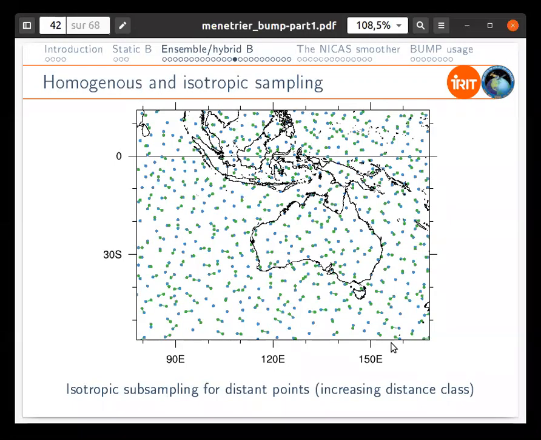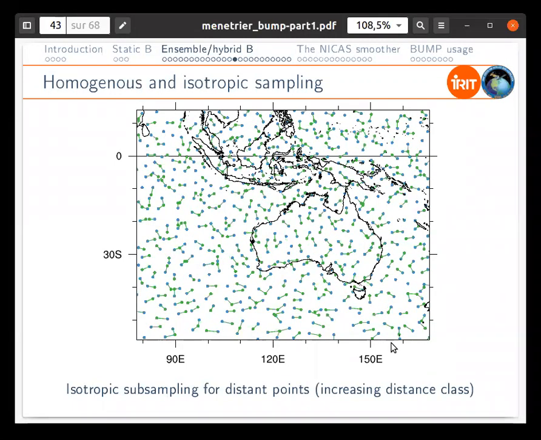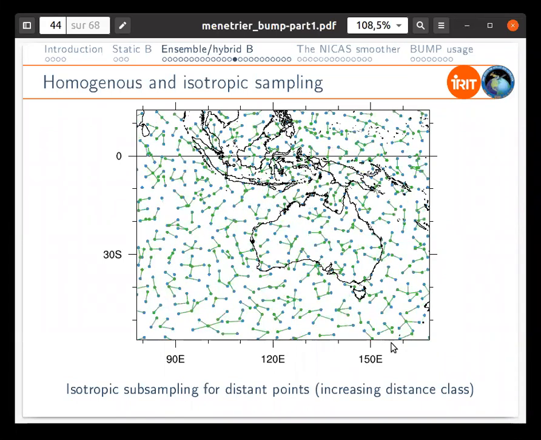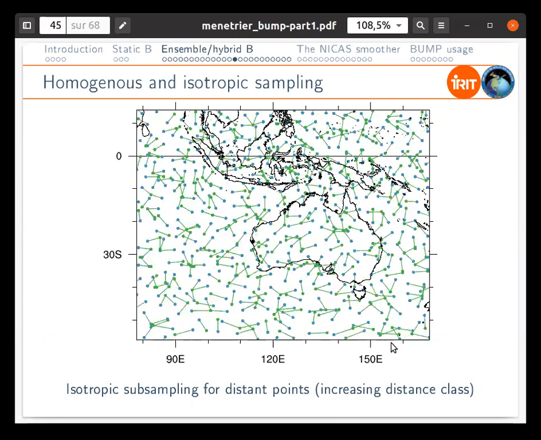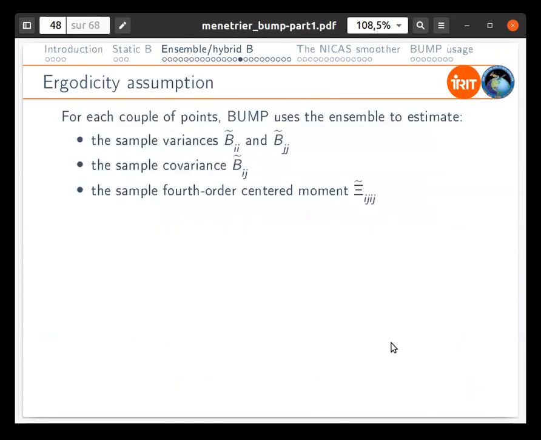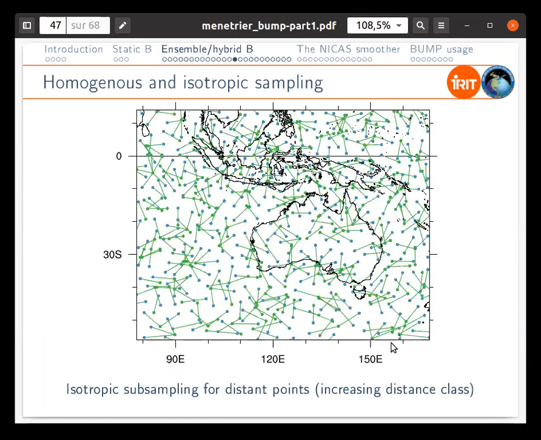Then we define other couples around 200 kilometers, and then other points around 300 kilometers from the initial blue points. And we will use all these diagnostic points to compute couples and compute the formulas I showed you before.